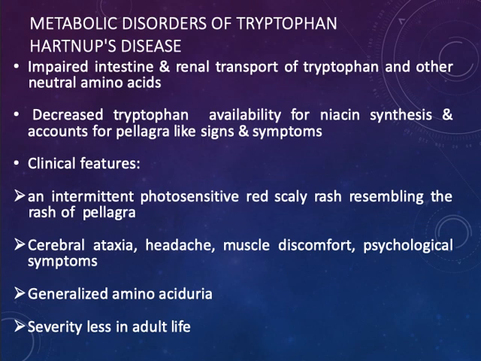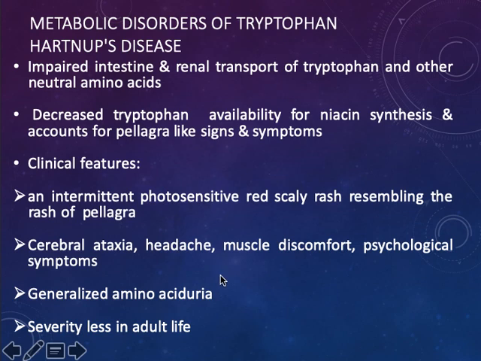The clinical features are photosensitivity and red scaling, which resemble that of pellagra. There is cerebellar ataxia, headache, muscle discomfort, psychological symptoms, and generalized aminoaciduria. The severity of Hartnup's disease is less in adult life.